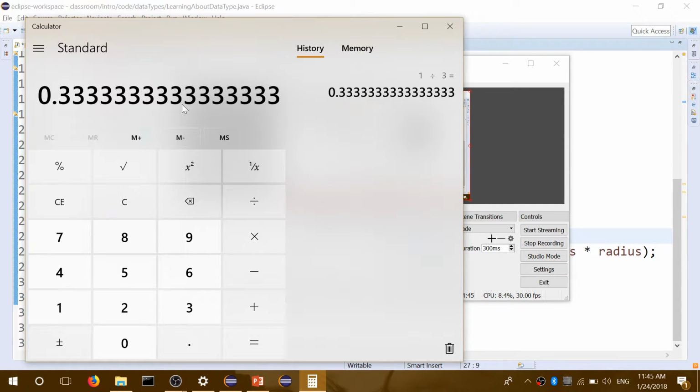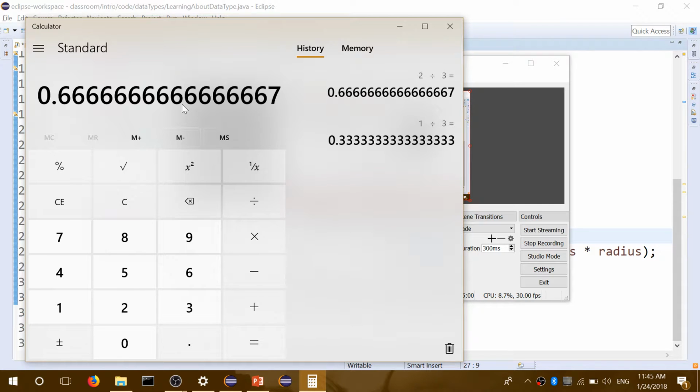This is because the decimal system can't properly encode 1 over 3 without giving us a bunch of repeating digits. When we do 2 over 3, it basically says the best I can do is a bunch of 6s, and then I round up the last one. This is because we can't represent 2 over 3 perfectly electronically. There's just not enough space for an infinite number of 6s.